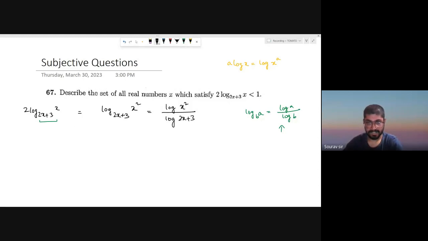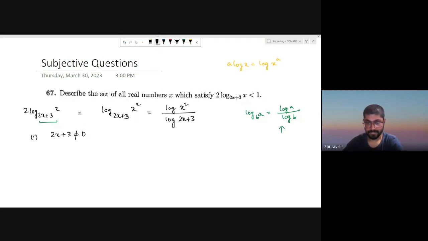Now from this expression, we see that we have a few simple inequalities. How? 2x plus 3 should not be 0, right? Should not be 0 means we must have it greater than 0.